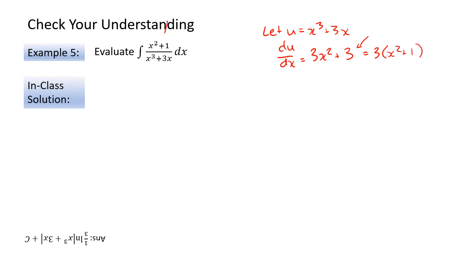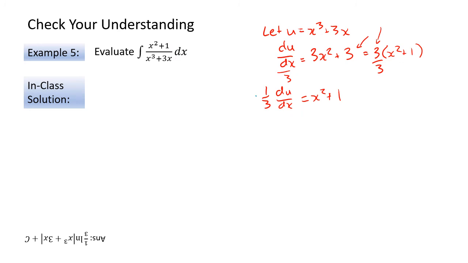Now we have an x squared plus 1 in both, but we don't have a 3 there, so we have to remove this 3. If we divide both sides by 3, we get 1 over 3 du by dx is equal to x squared plus 1. And now our last step is we want to also remove this dx.